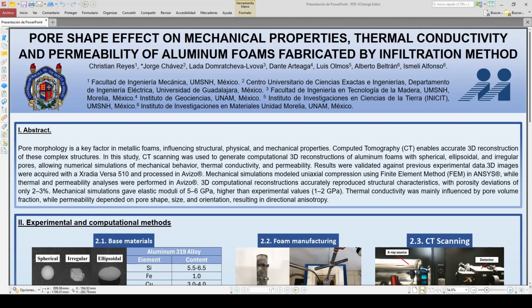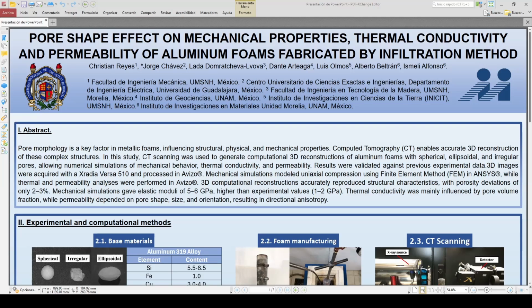If we use a spherical particle, we're going to get a spherical pore. If we use an irregular particle, we're going to get an irregular pore. And this morphology is known for having a really important influence over some of the properties of the foam.